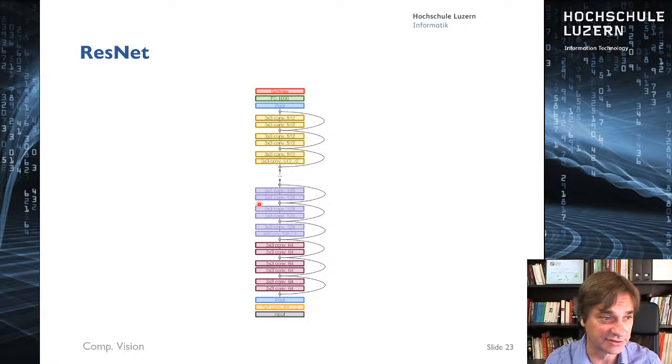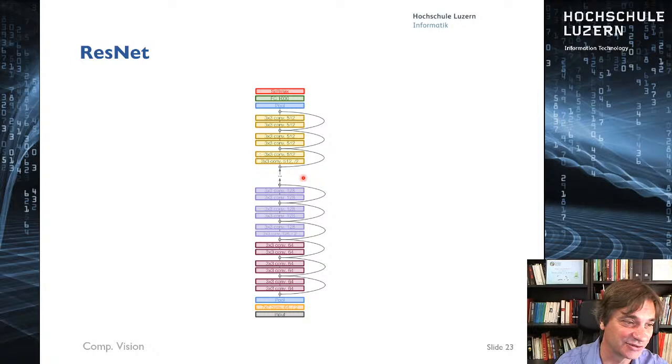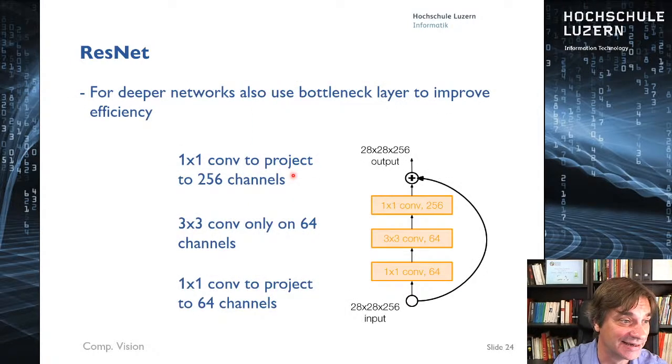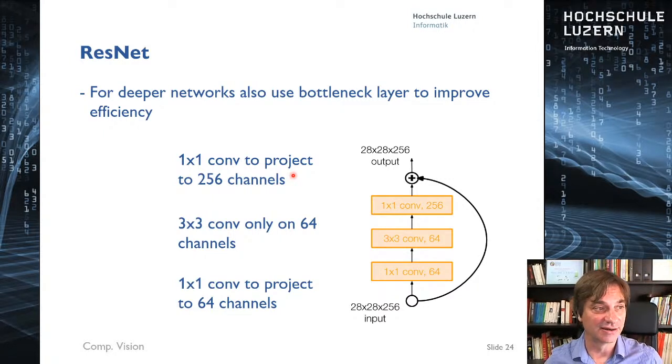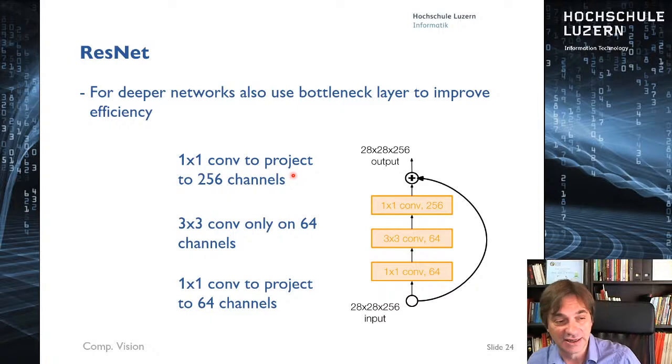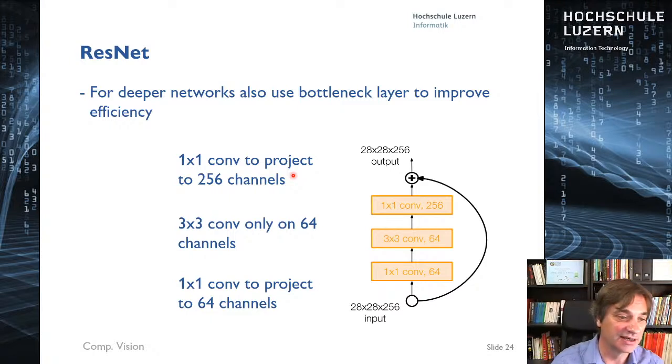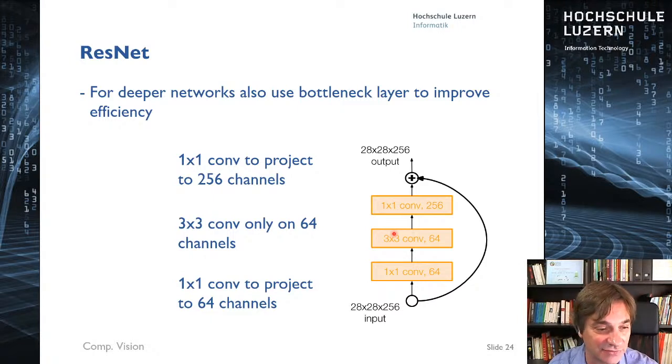Here is another application of the network, and actually there is a variant of the ResNet with up to 152 layers, which just continues like that, and they were able to train that network. Then for really much deeper networks, they also came up with the combination of those bottleneck 1x1 convolutional transformations together with the residual connections.